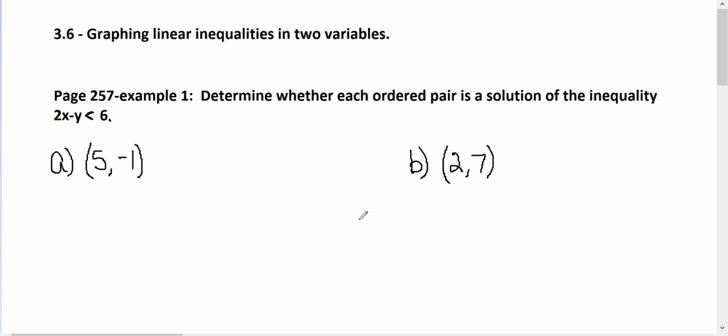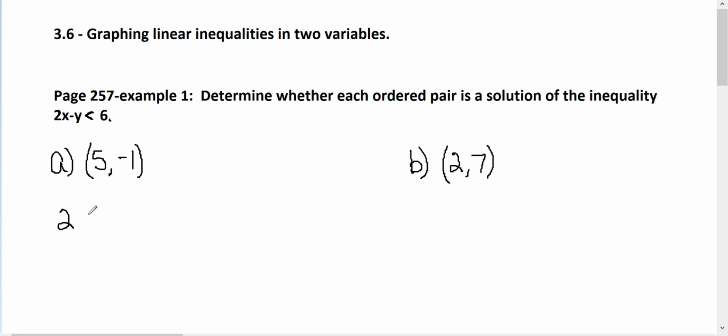Determine whether each ordered pair is a solution of the inequality 2x minus y is less than 6. So we're just going to do some plugging in and make that determination. Remember, this is x and y. 5 is the x, negative 1 is the y.